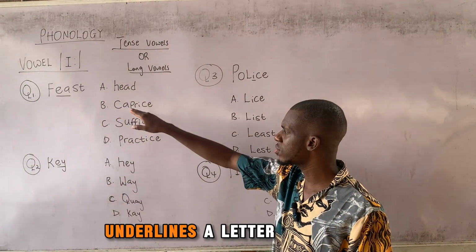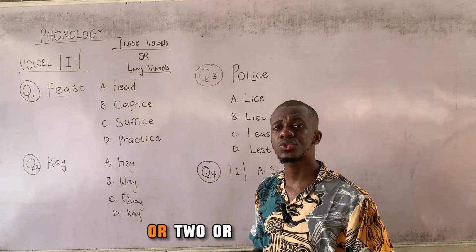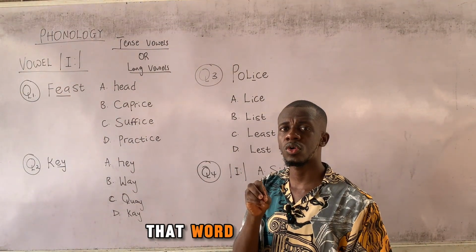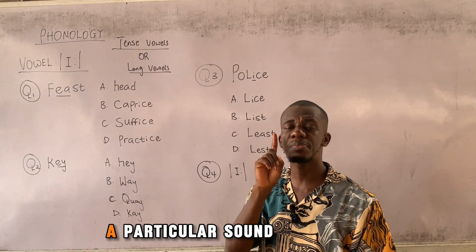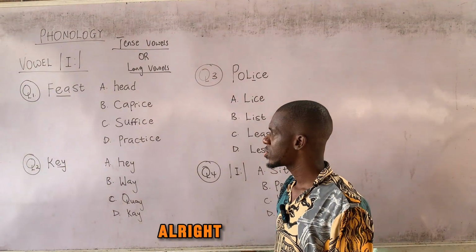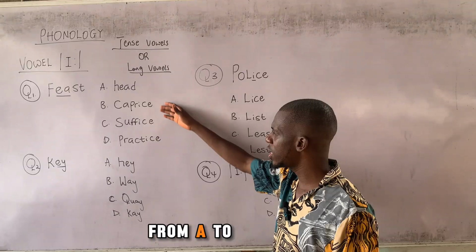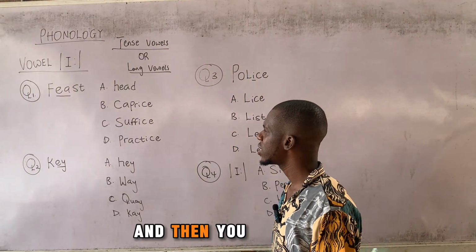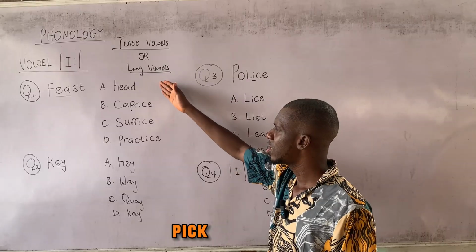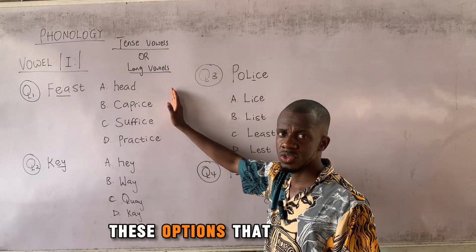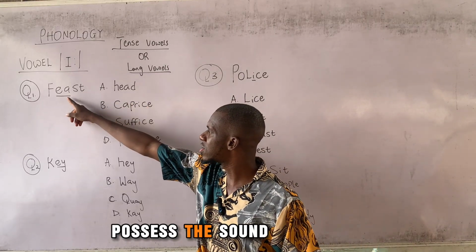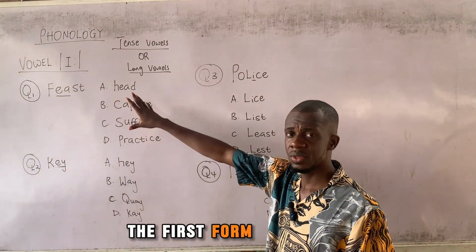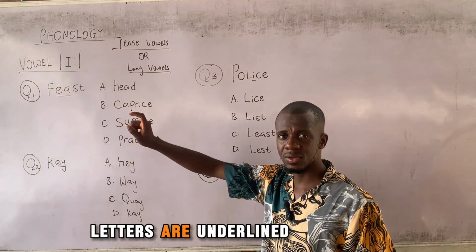So the examiner underlines a letter or two or more, depending on how many letters in that word are involved in the production of a particular sound. You are then given options from A to D or E, in critical cases, and you are expected to pick the word from these options that possesses the sound. So that's the first form. You are given a word and letters are underlined.